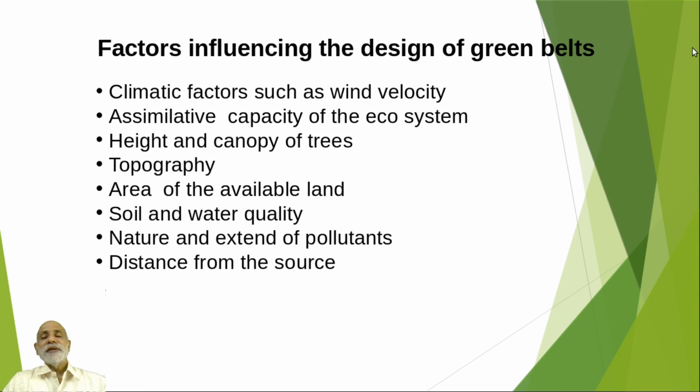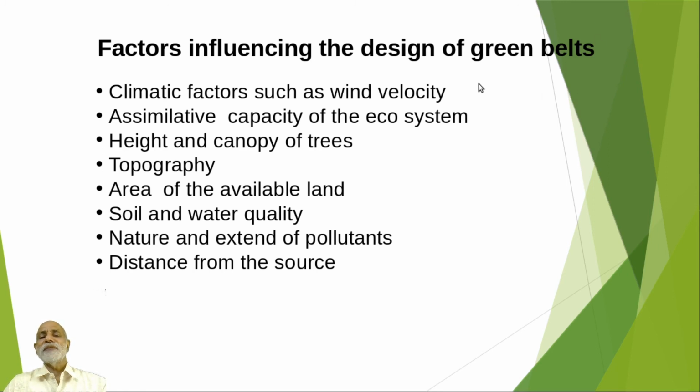Factors influencing the design of green belts: climatic factors such as wind velocity, assimilatory capacity of the ecosystem, height and canopy of trees, topography, area of the available land, soil and water quality, nature and extent of pollutants, distance from the source. Here we are discussing the factors that influence the design of the green belt.